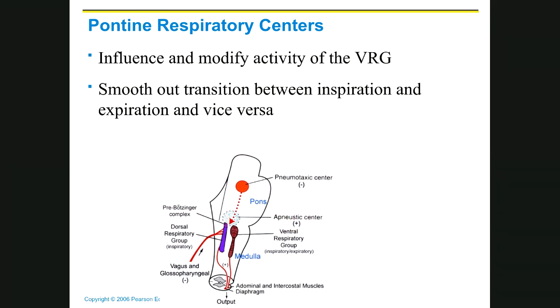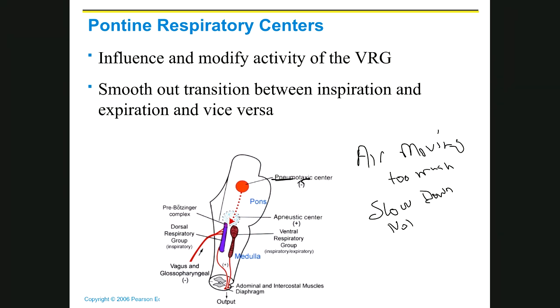But look, this other one, this pneumotaxic center, pneu means air, and taxi means to move. In other words, air is moving, and it's actually moving too much. I'm either breathing too fast or too deep. There's too much air. And if I have too much air, I should slow down my breathing, and I should also not breathe as deeply.